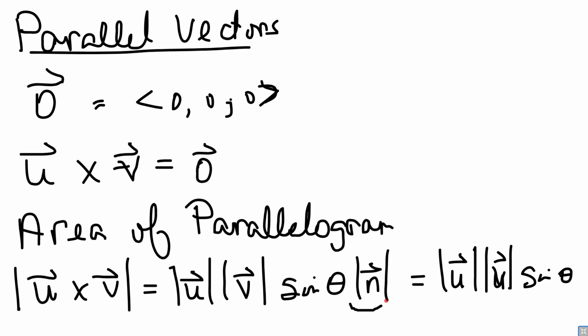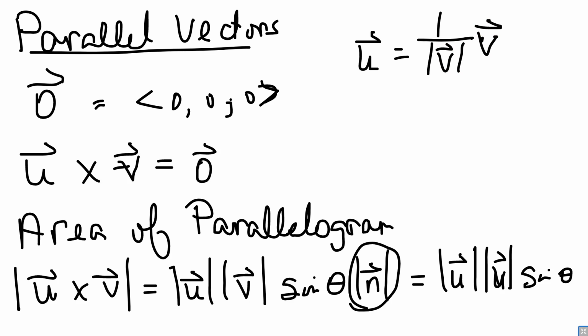Now, what happened to the magnitude of a unit vector? Well, say u is a unit vector. The unit vector of vector v is 1 over the magnitude of vector v times vector v.